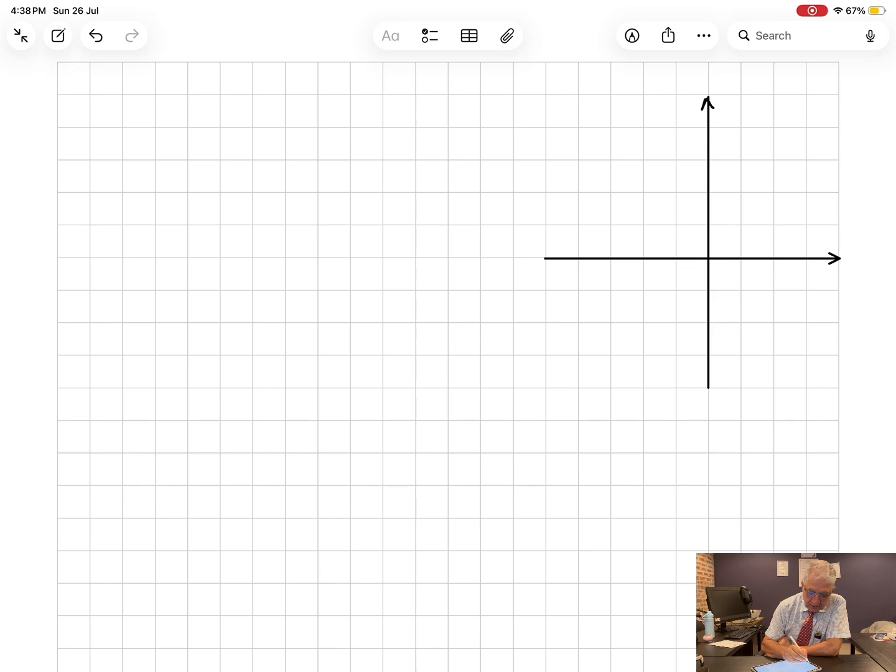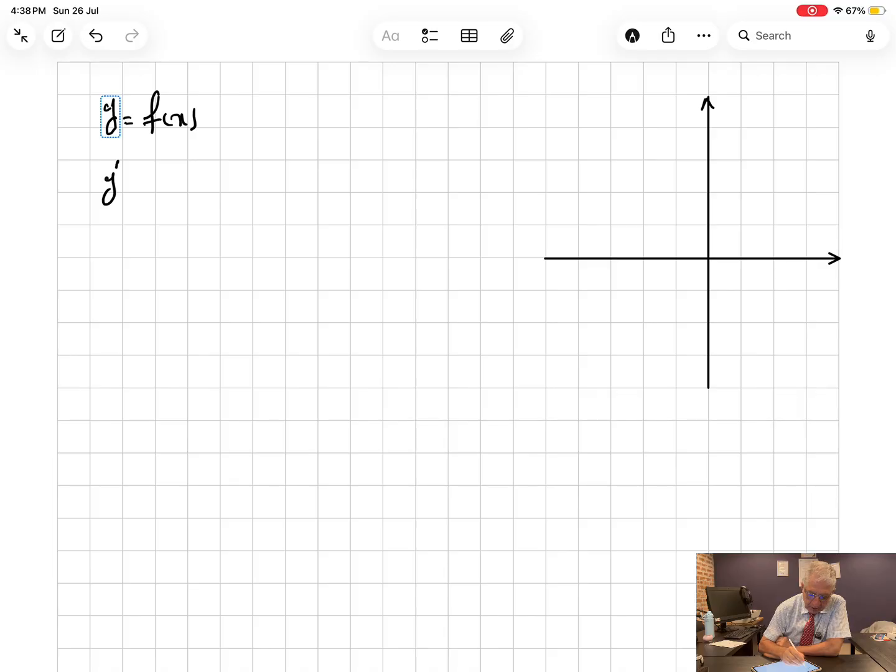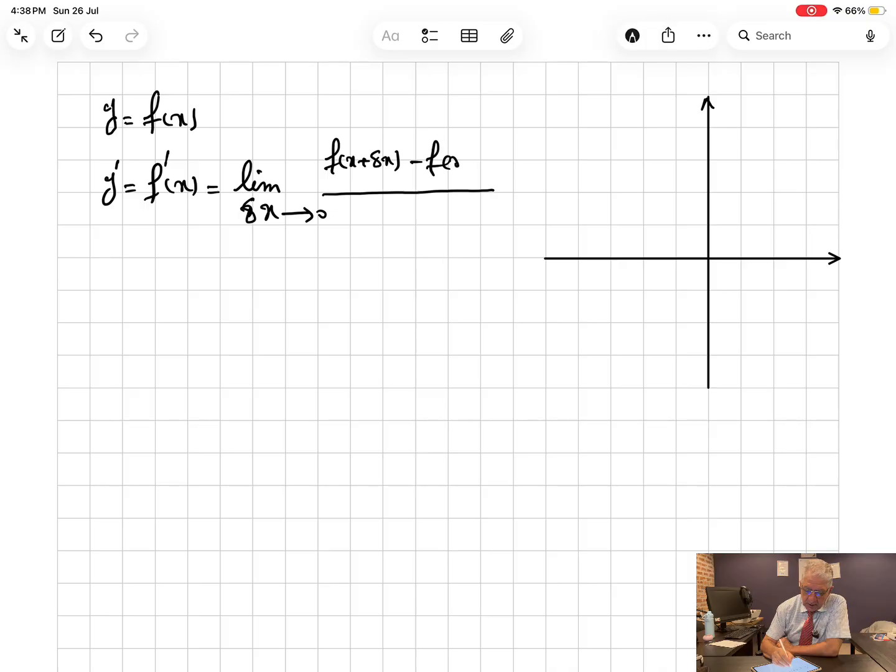In the last class, if y is equal to f of x, we said y dash or f dash of x, that means the derivative of the function, is equal to the limit as delta x goes to 0 of f of x plus delta x minus f of x, divided by delta x.